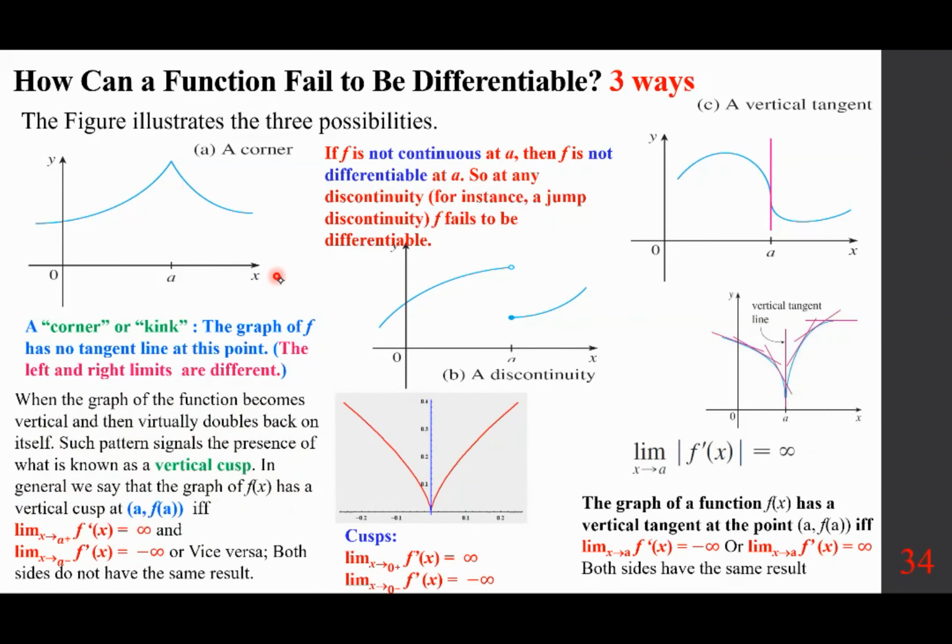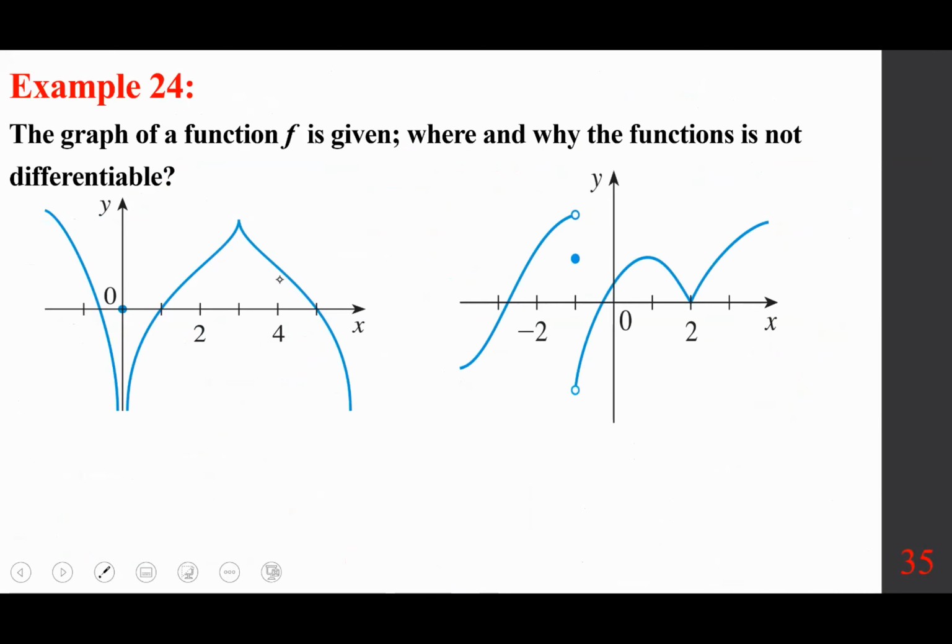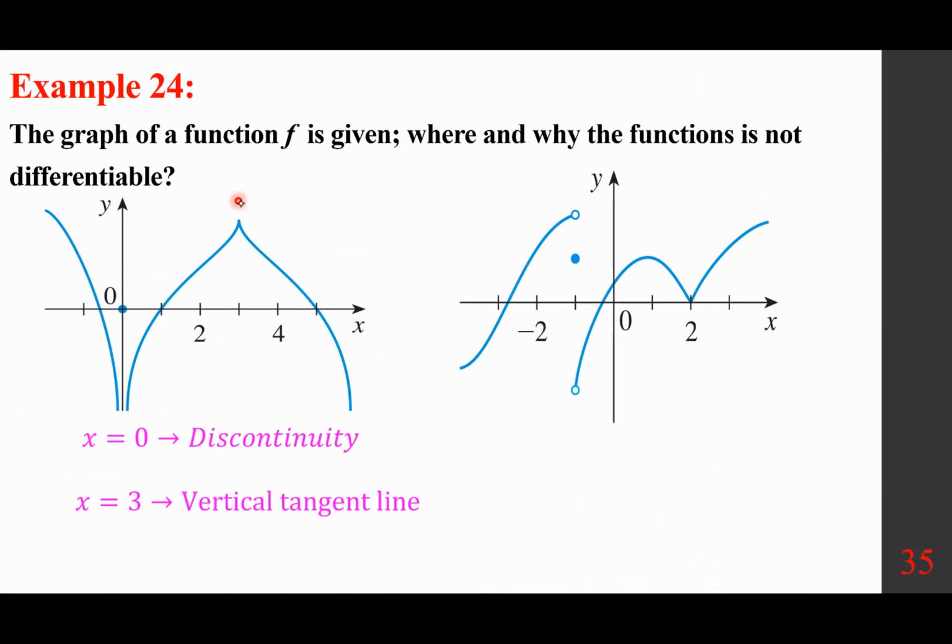But I'm going to go over a simple example, and hopefully with that example, we can see that the graph clearly tells us which one is which. So for example, here, the question is, given the function, where does the function fail to be differentiable? Clearly, for this case, it fails at x equals 0 because it's discontinuous, and at x equals 3 because we have a vertical tangent line.